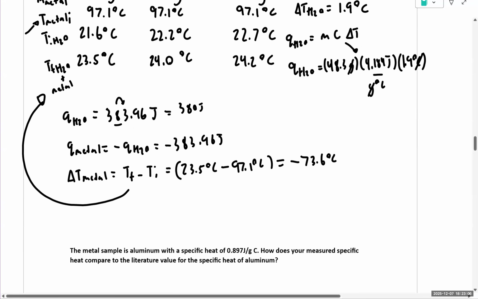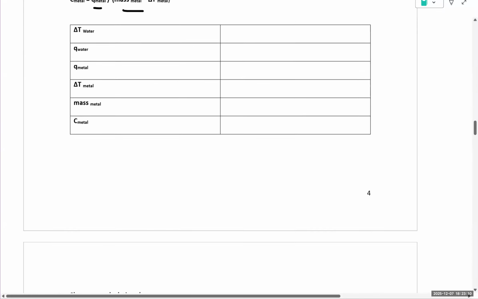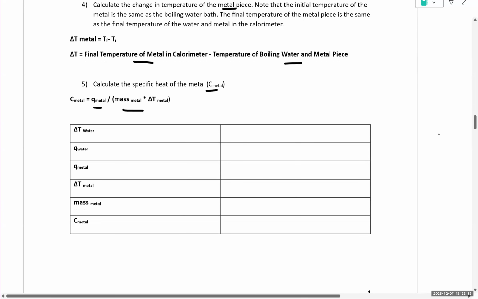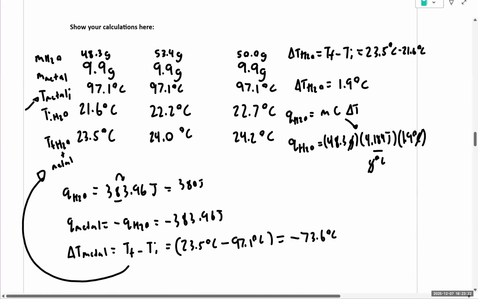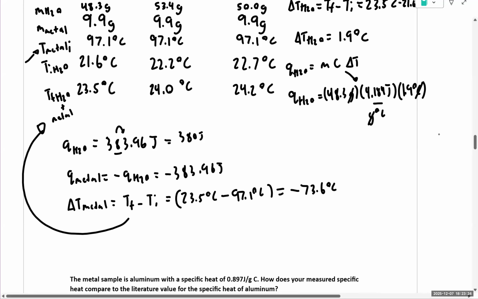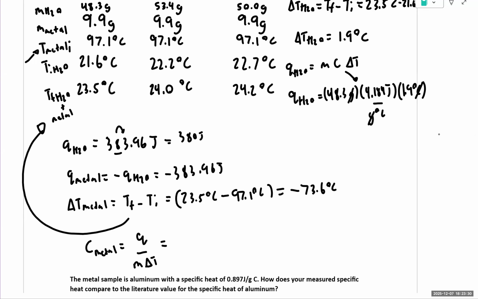Okay, now that we have the delta T metal, we're going to solve for the specific heat by taking the heat lost by the metal divided by the mass of metal times the change in temperature of the metal. So C metal is equal to Q over M delta T. We know Q metal is negative 383.96 joules.